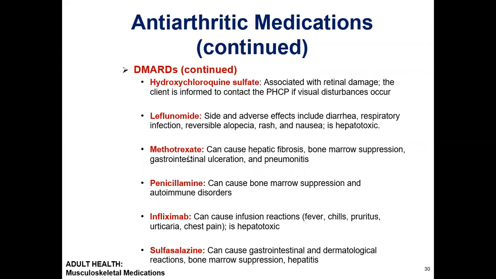Methotrexate is commonly used for certain kinds of carcinoma. Or infliximab can cause infusion reactions like fever, chill, pruritus, urticaria, chest pain, and is also hepatotoxic.